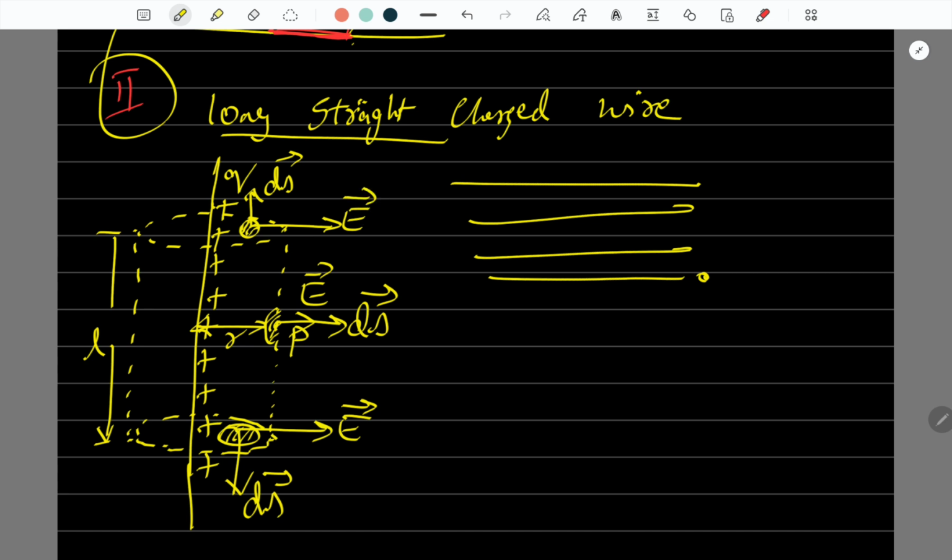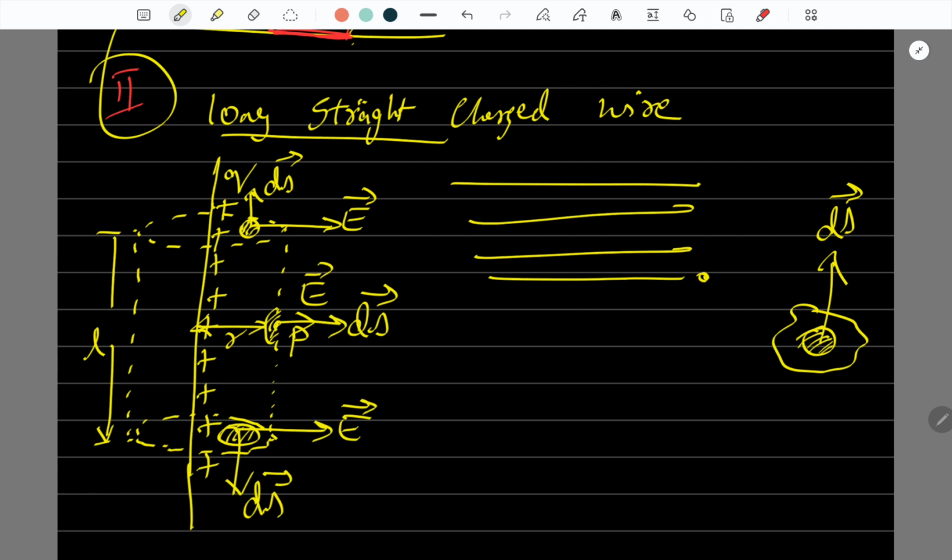Now before going forward, one may ask, how are we going to take the ds vector? The area vector, if you have understood it, whenever you take a small area out of a big area, we always consider the area vector outwards.